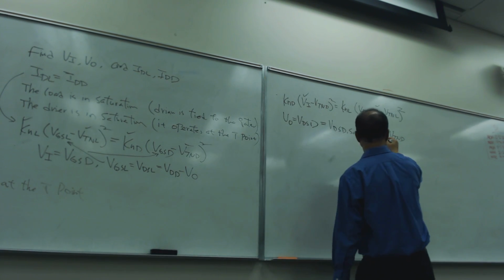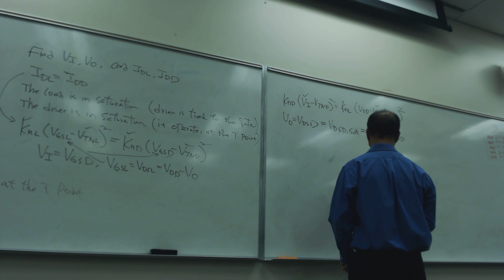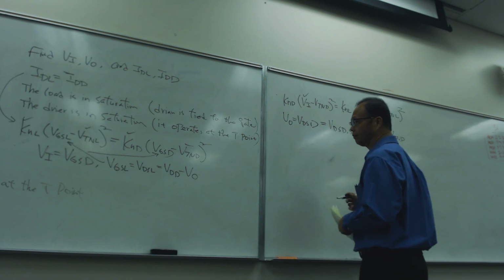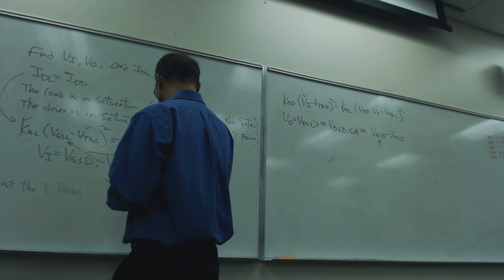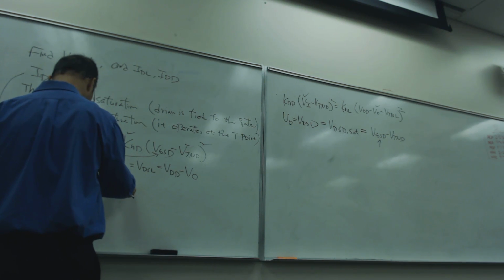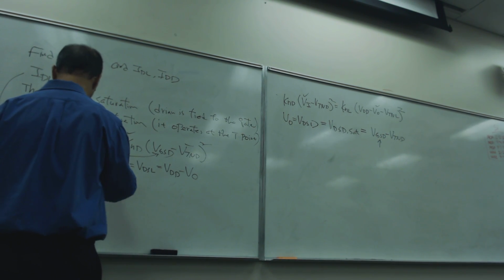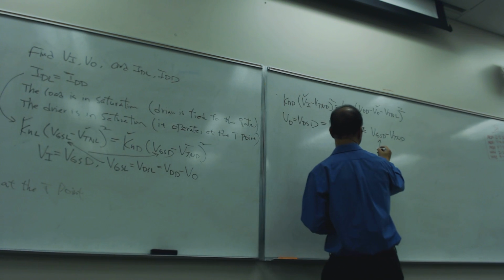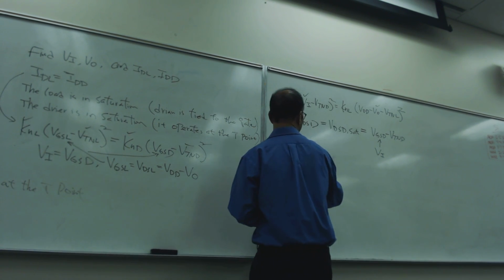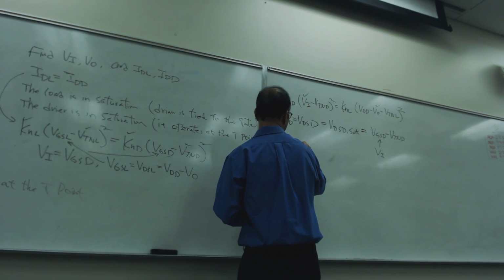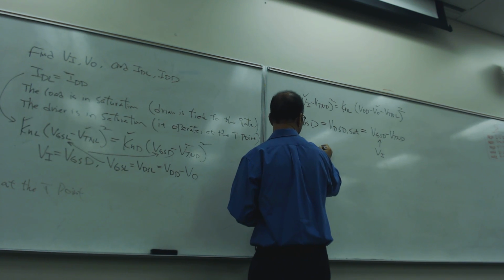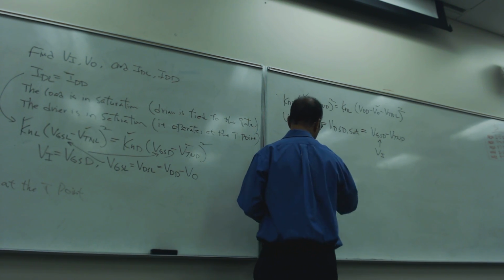Okay, good news is that VGSD is, according to our earlier, VI, right? It's VI. Okay, so therefore I can make a conclusion: VO equals VI minus VTND.